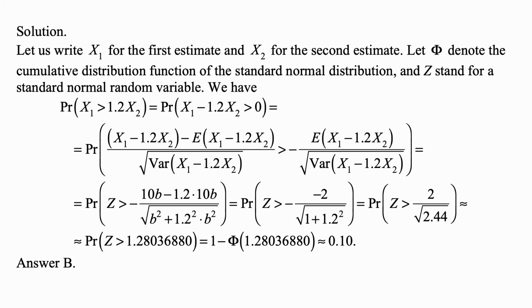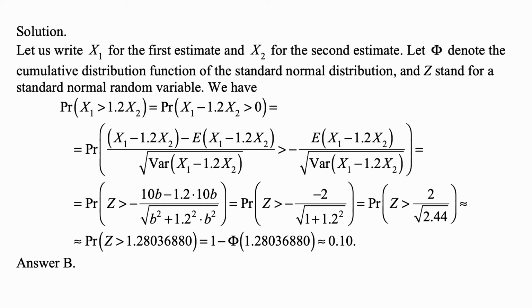Well, it's the same as probability that x1 minus 1.2 x2 is positive, which is the same as the probability that x1 minus 1.2 x2 minus the mean of that random variable, divided by the standard deviation of that random variable, is greater than, and we subtract the same expected value from 0 and divide by the same standard deviation on the right-hand side.